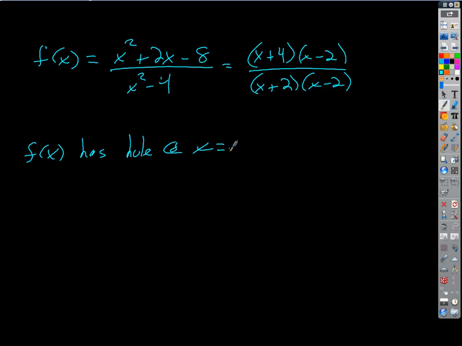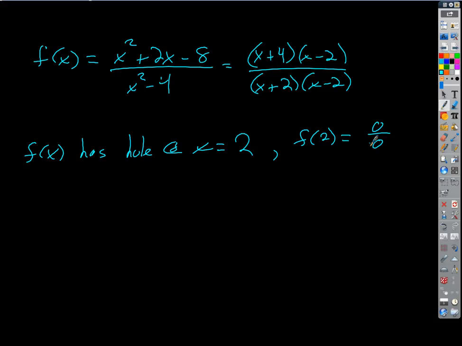How come? Okay, good. Because that's where we have indeterminacy, right? Because if I evaluate the function at 2, I get 0 over 0, right? So that means it's got a hole at x equals 2.